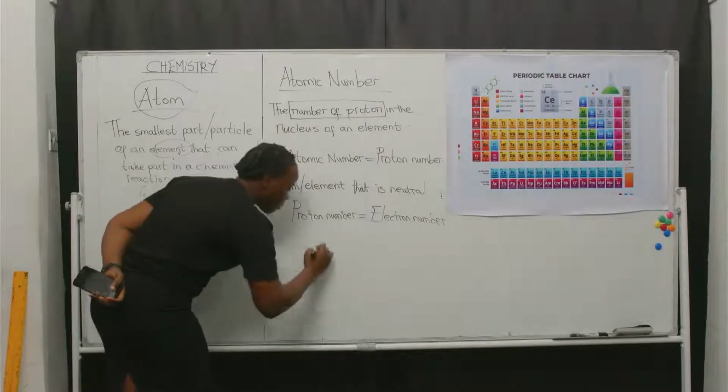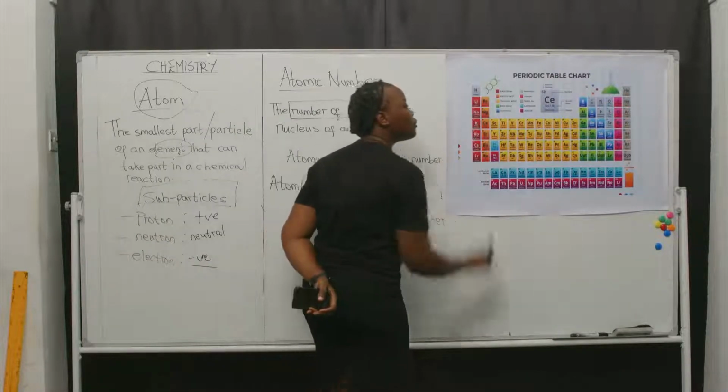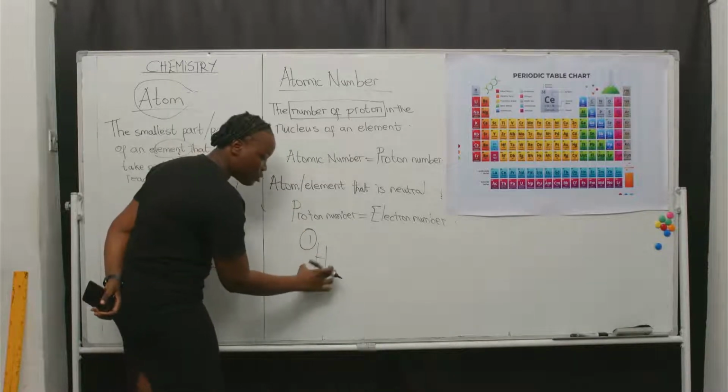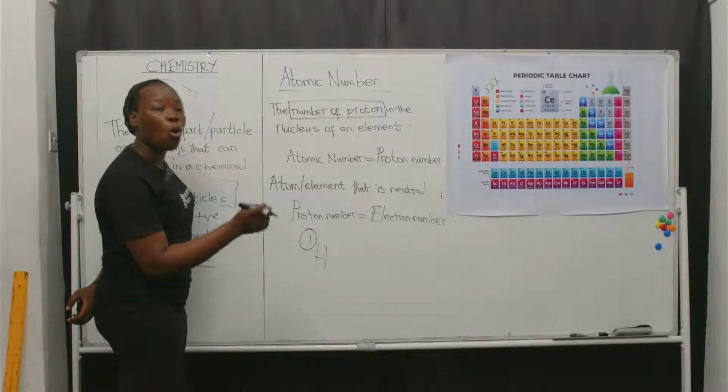Example, hydrogen. You know, it's the first element on the periodic table. Since it's neutral, the proton number is 1, the electron number is also 1.